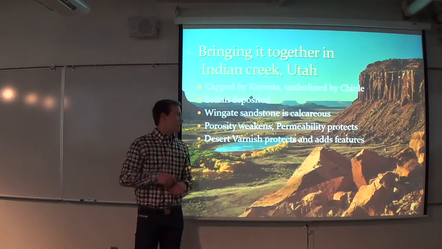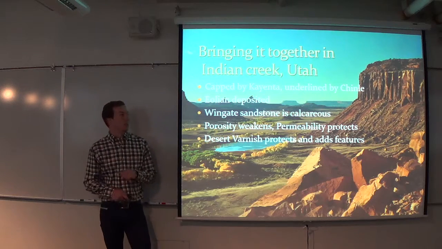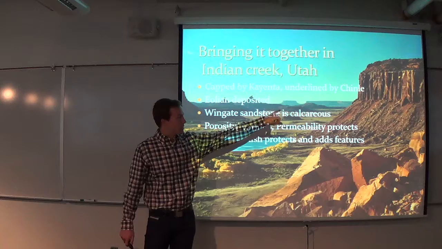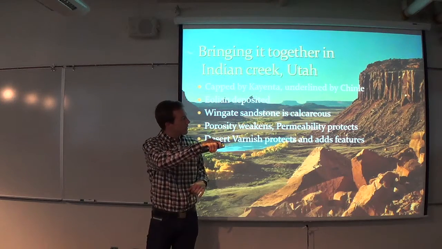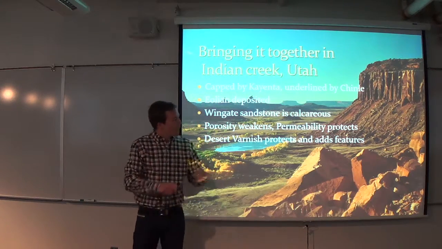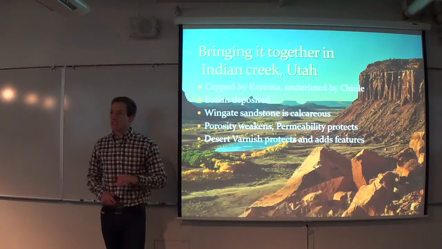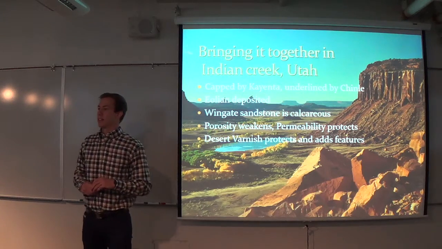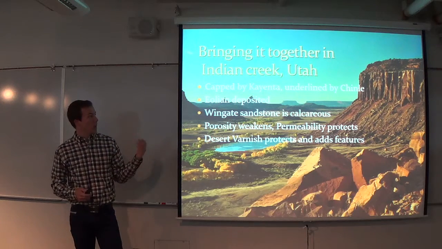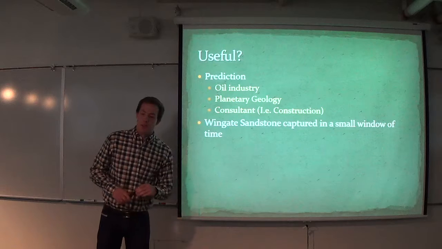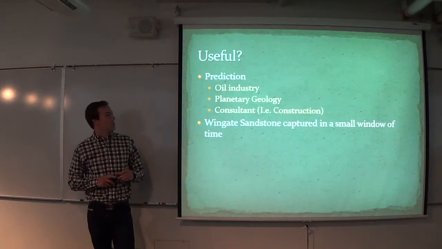And like I mentioned, desert varnish protects and adds features to the rock face there. You can see a lot of the darker areas here and here. That's just large sheets of desert varnish, the shiny black that is very strong and helps protect.